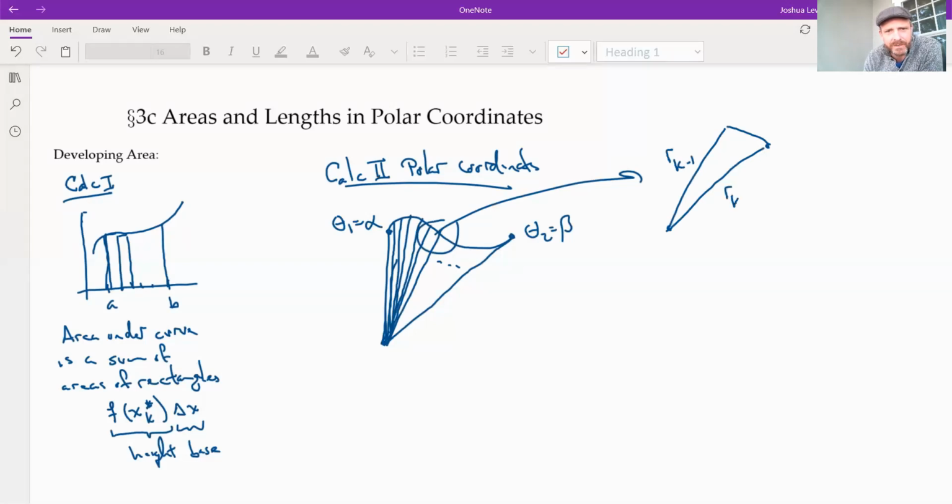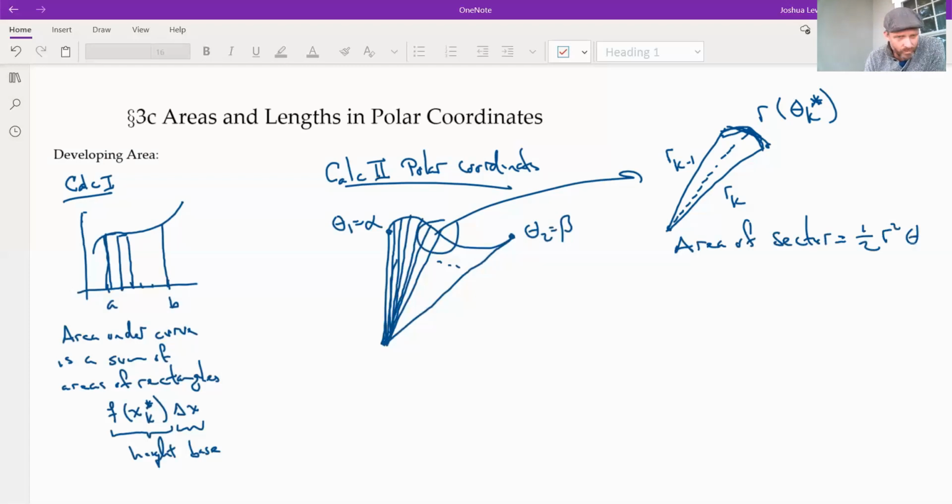This might be r_k. And what we can use is some sample point to find the area of a sector, some r of theta_k star, somewhere in that interval. Well, the area of a sector is 1/2 r squared theta.